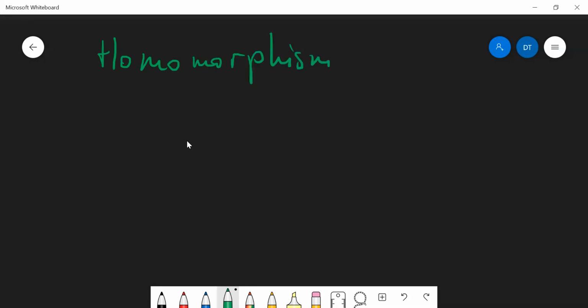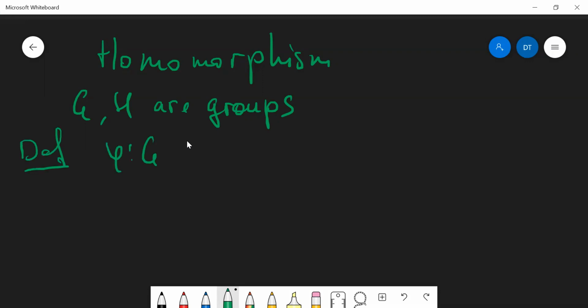So what is a homomorphism? Suppose we are given 2 groups, G and H. Now I want to define a homomorphism from G to H. So the definition: a homomorphism from G to H. As usual, since this is an abstract algebraic definition, I want to present you some data and then pose some axioms.